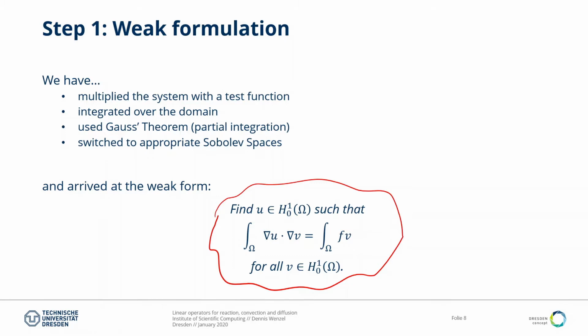And that's always important, I've mentioned this many times throughout the last lectures. If you talk about a weak formulation, it's always important to say that U is in a certain space, because that space includes those boundary conditions. Otherwise, it's not a well-defined problem.